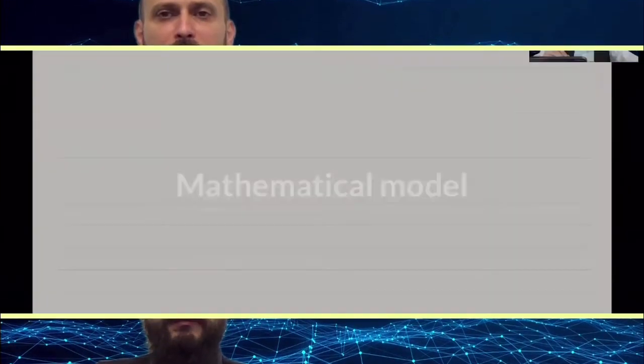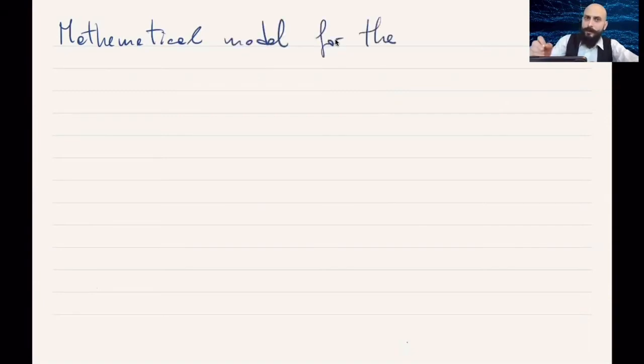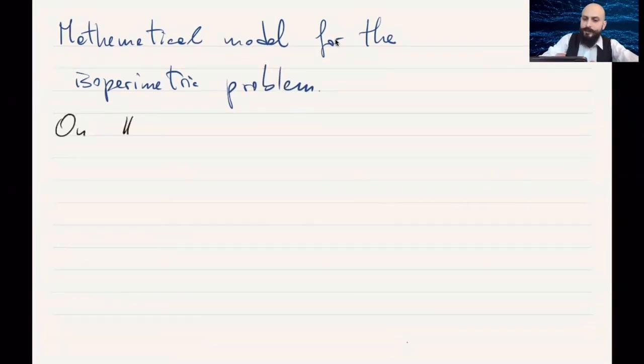Let's give a mathematical model for the isoperimetric problem. On R^2, we have the area form.